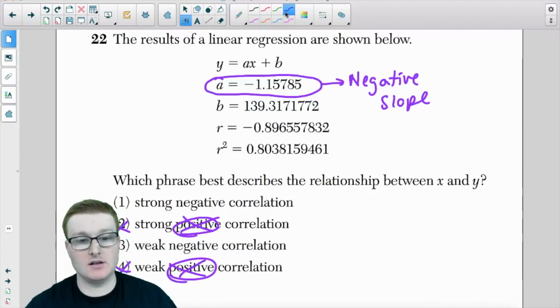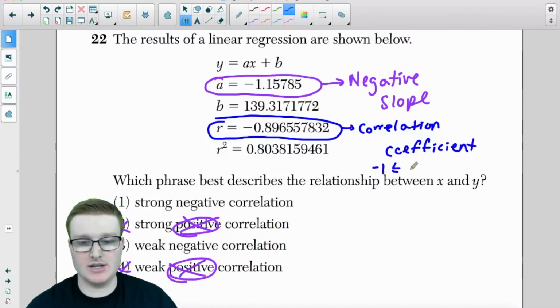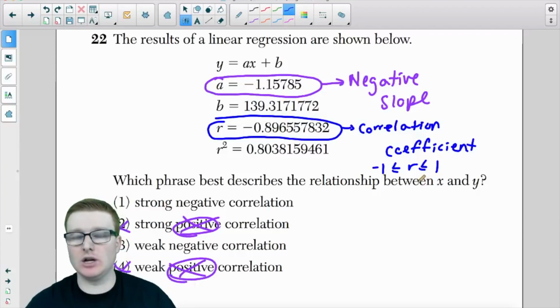Then let's take a look at the correlation coefficient. Remember what this value does. The correlation coefficient tells you the strength of the relationship. And remember that the correlation coefficient is between the numbers -1 and 1. If it's really, really close to -1 or really, really close to 1, it's a strong correlation. If it's closer to 0, it's not.